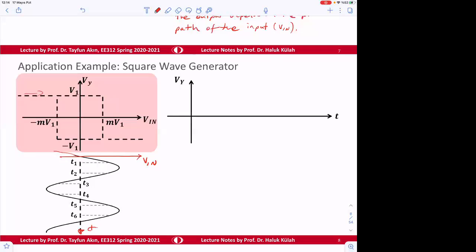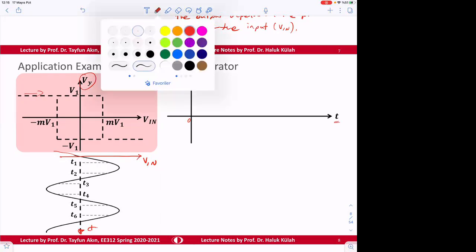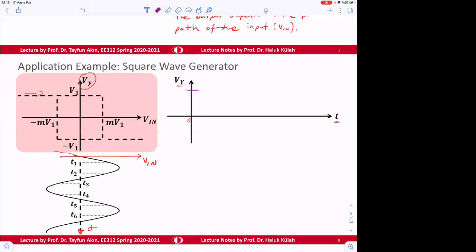So that means it's coming from here. So the output is going to be, let's say this is t is equal to 0, t, and this is Vy. Vy is this one. So if the signal is coming from minus, then output will be equal to like this.